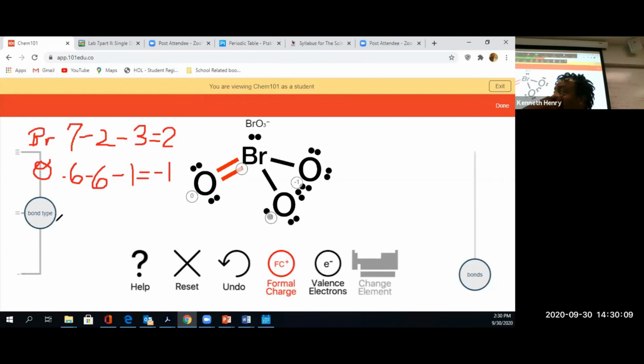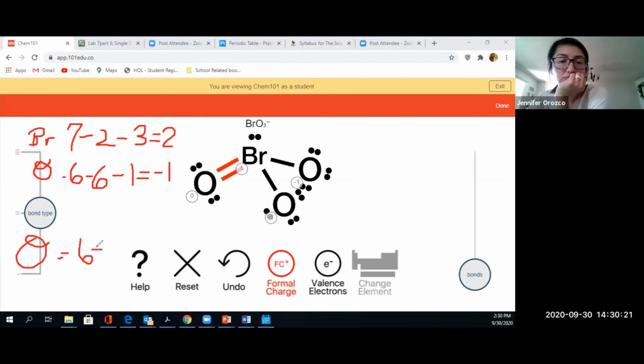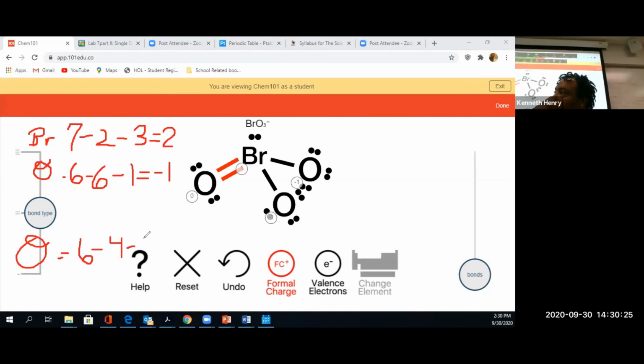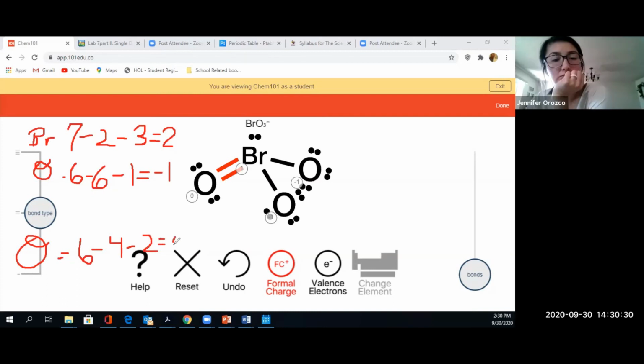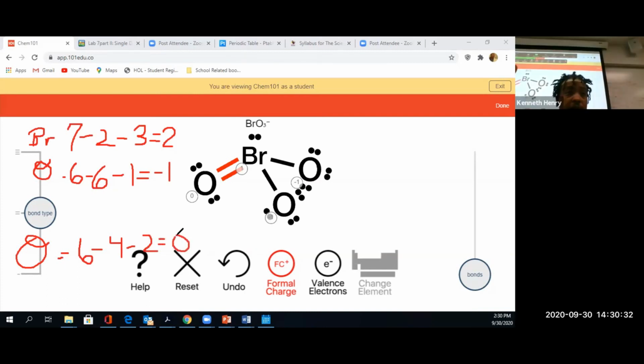What is its formal charge? How many valence electrons does it have? 6. How many lone pair electrons? 4. And then how many bonds? 2. 0. That's a pretty good one, right?